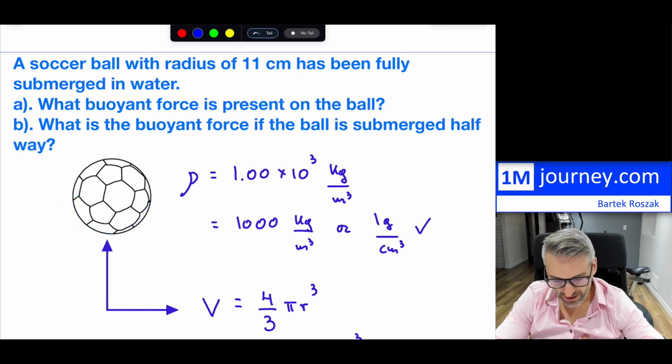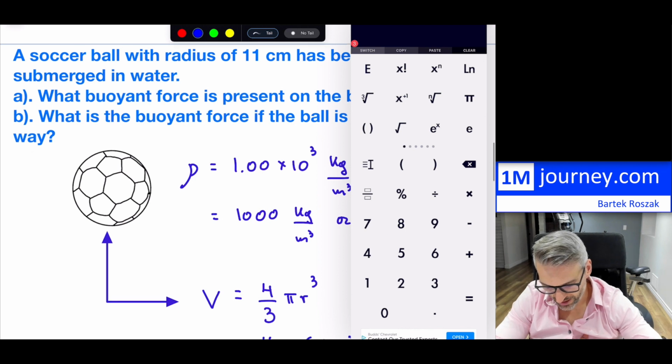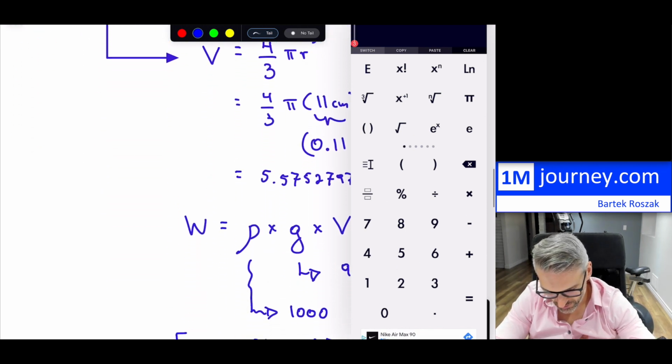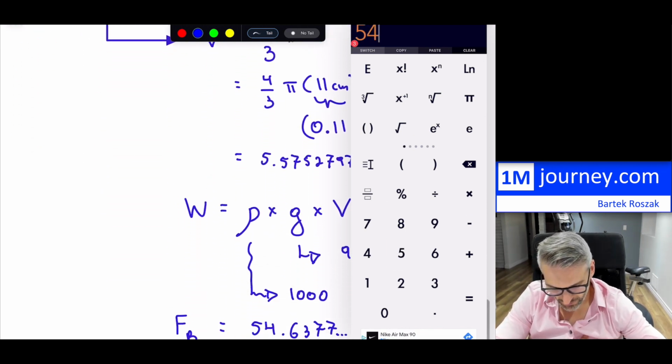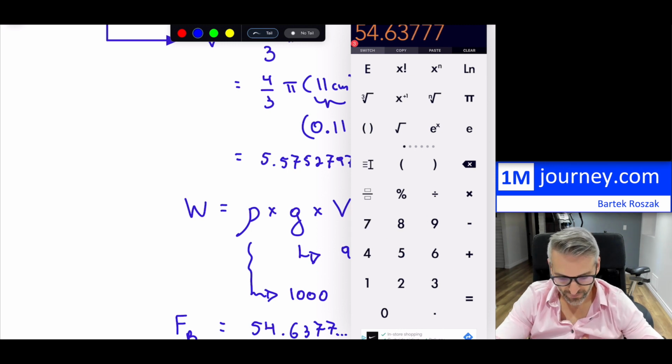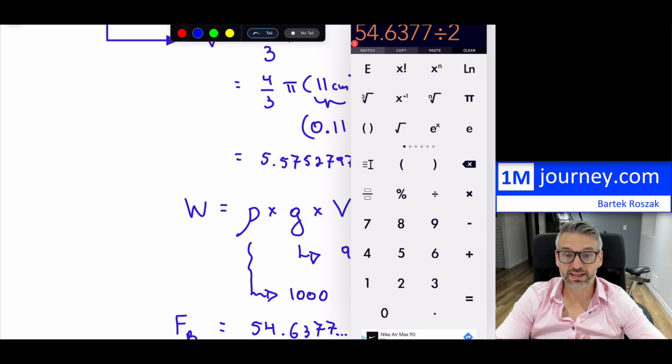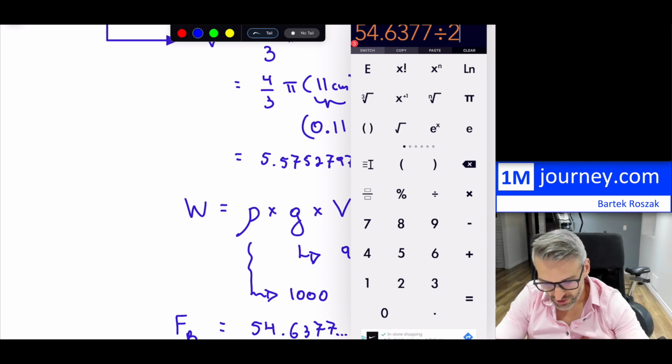So we would take our answer, which in this case was 54.63 and so on, and divide by 2, because the volume that you've submerged is half.